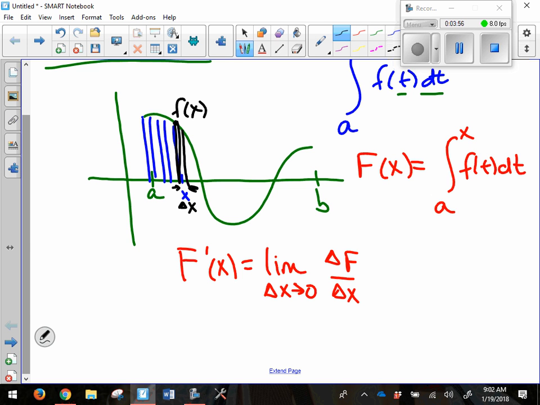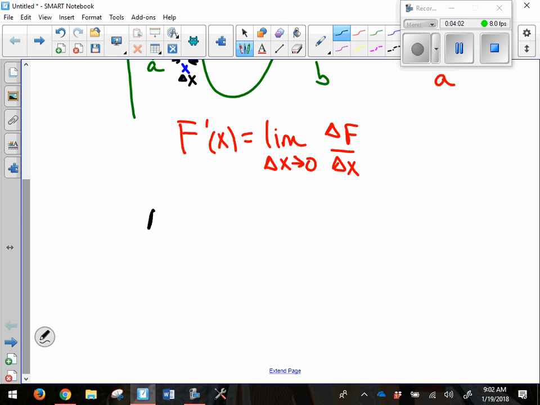Okay, so for number 8, I have that delta F, not delta P, that's third period, delta F is equal to delta x times f of x.